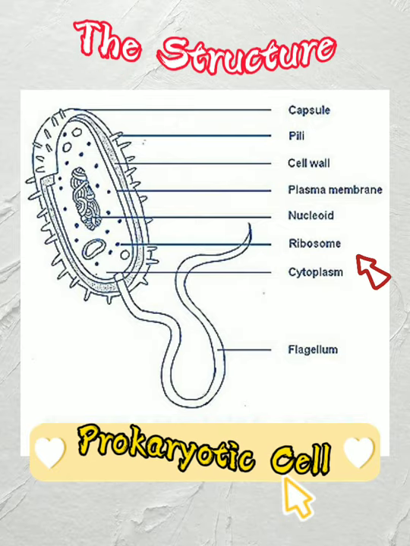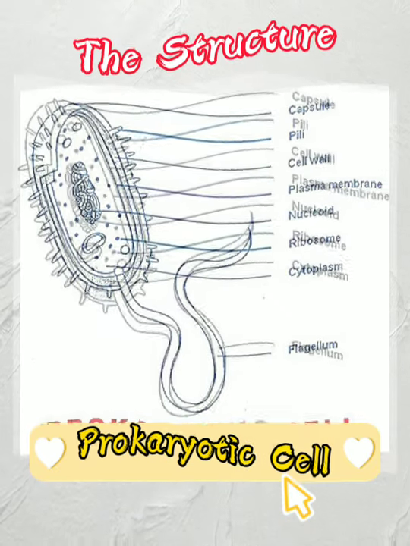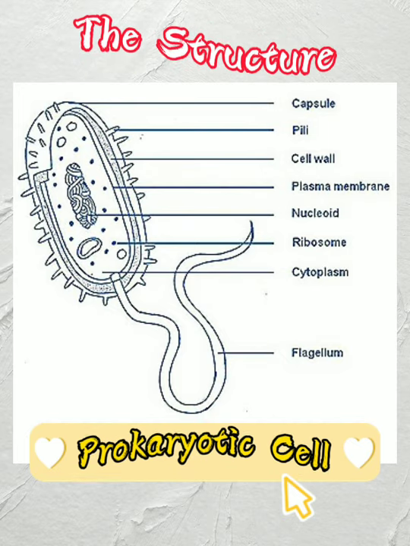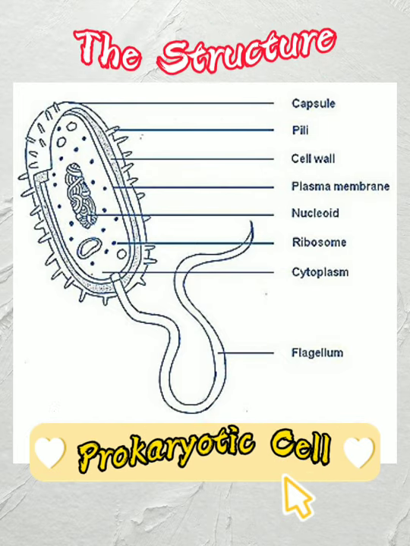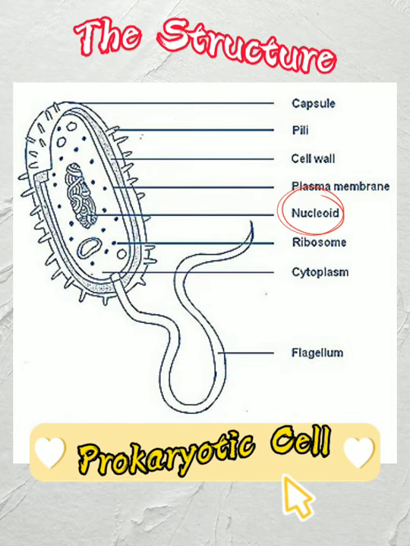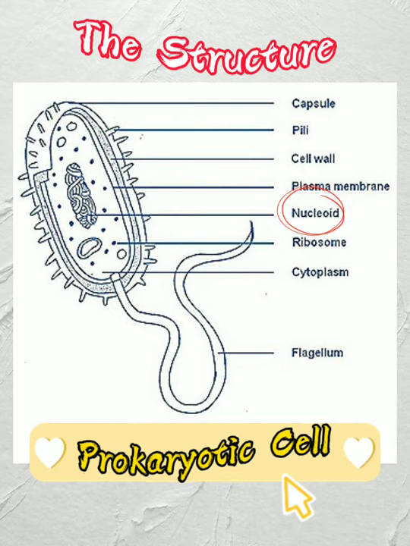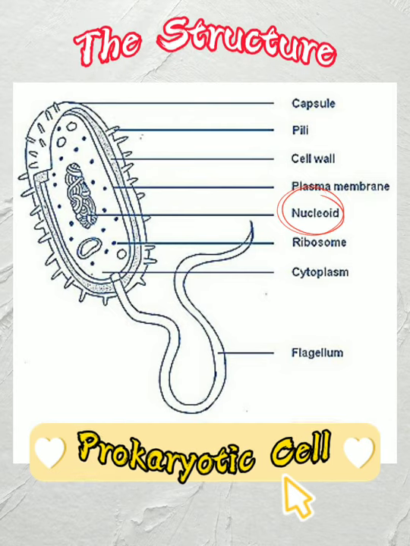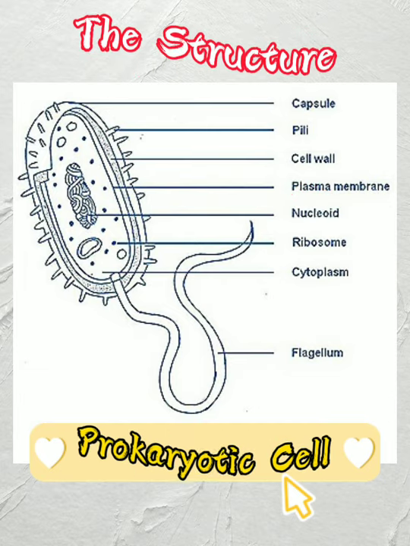Since prokaryotic cells do not have a true nucleus that contains their genetic material as eukaryotes do, they have a nucleoid region, which is an irregularly shaped region that contains the cell's DNA and is not surrounded by a nuclear envelope.